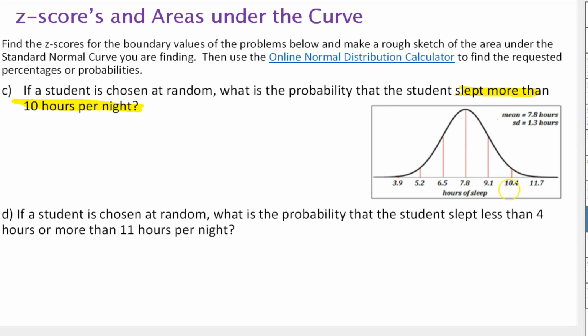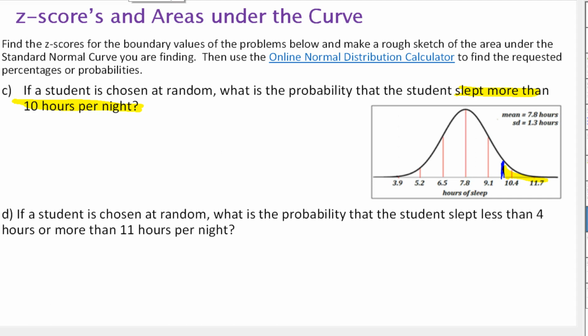These are all the things that can happen. If we find the percentage that's above 10 hours per night, that's going to give us the probability that a student would sleep more than 10 hours per night. So 10 looks like it's about here-ish. It's a little bit to the left of 2 standard deviations, and we want this area right here.